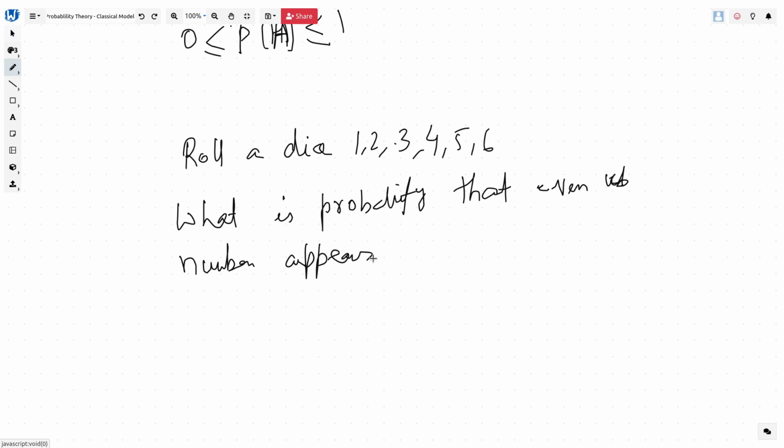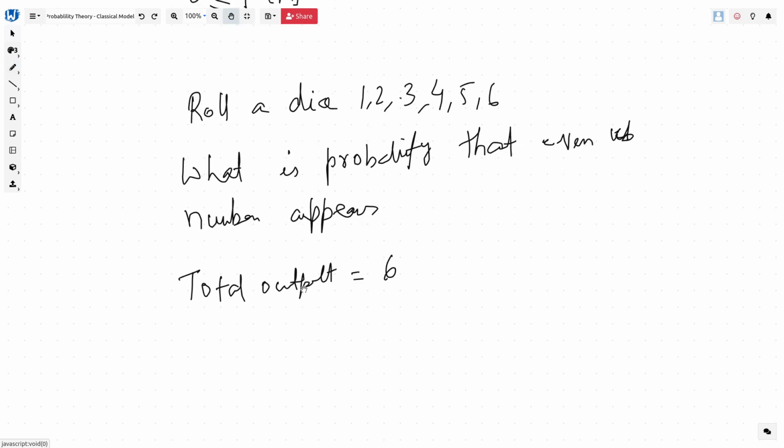So when you roll a dice, the total number of outputs you can get is either 1, 2, 3, 4, 5, 6. So there are 6 ways, and the number of ways you will get an even number among 6 numbers will be 2, 4, 6. The favorable output is 3 ways, right? So the probability of getting an even number, which we define as set A, is nothing but 3 by 6.